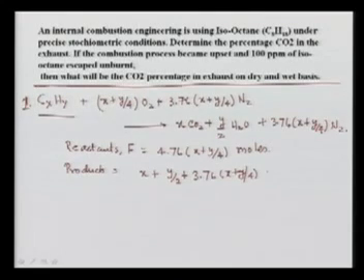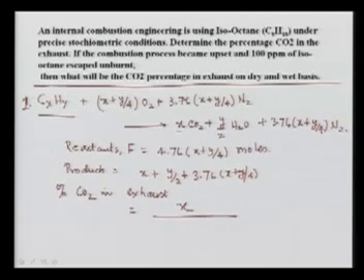Okay, so the percentage CO2 in exhaust: how many moles are there of CO2? x divided by the total moles that I have here, in the exhaust. So what is my value of x? x equals 8 and y equals 18.